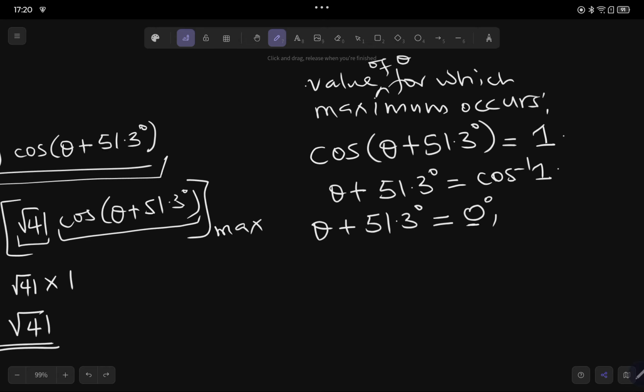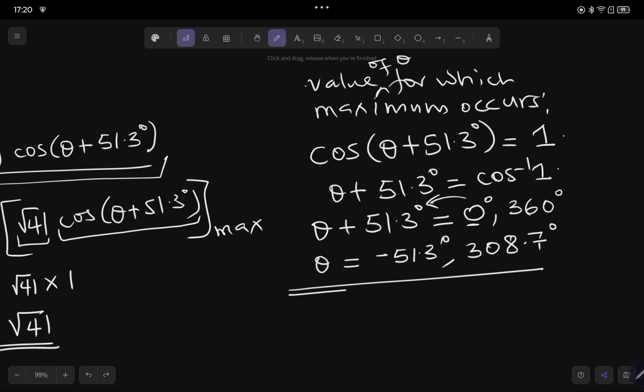The acute angle here is 0, so 360 minus 0 gives 360. Now to find theta: theta is equal to 0 minus 51.3, which gives negative 51.3 degrees. Then 360 minus 51.3 gives 308.7. So those are the values of theta for which the whole expression is a maximum.